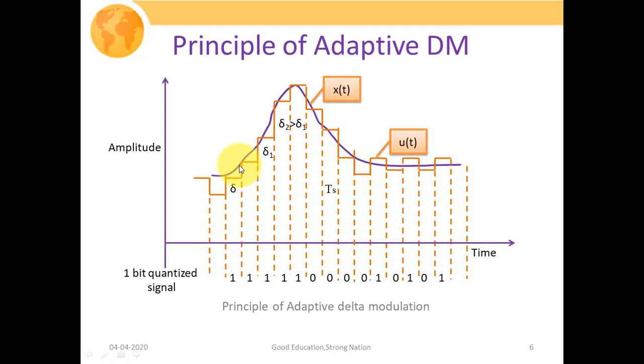If the signal value is greater than its previous staircase approximation, then a 1 bit is generated, like here, like here, like here. We are generating 1, and at the moment when the current value of our input signal is lesser than the previous staircase approximation, a 0 bit is generated and so on. So here is how we are generating the bit sequence of ones and zeros.